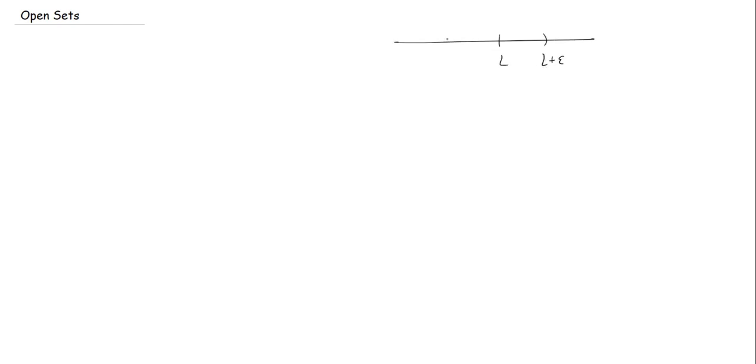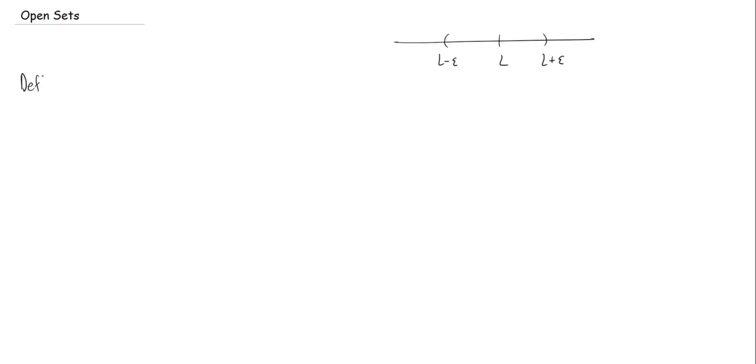So you might look at an epsilon-centered open interval, and open, as we defined it, just meant that you didn't include the endpoints. So we want to somehow generalize this to arbitrary sets where they don't necessarily have to be intervals.